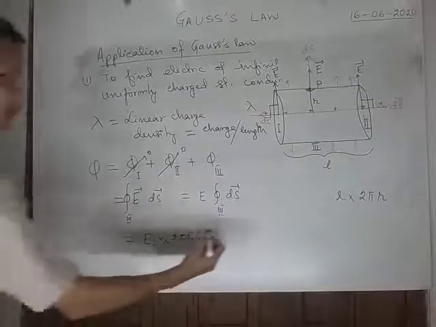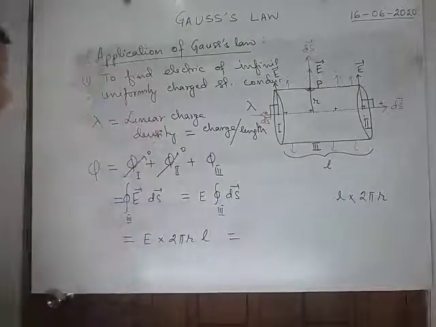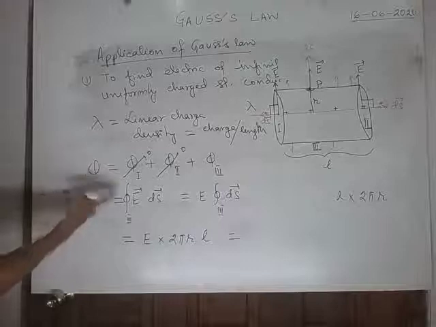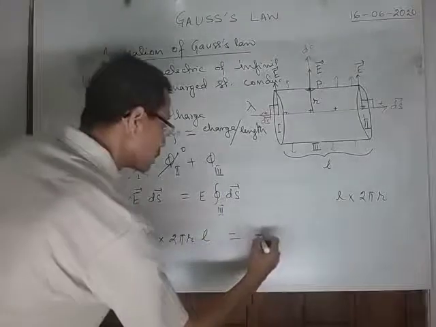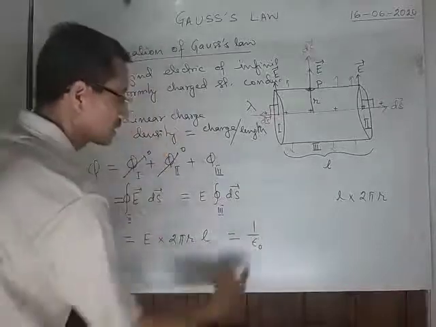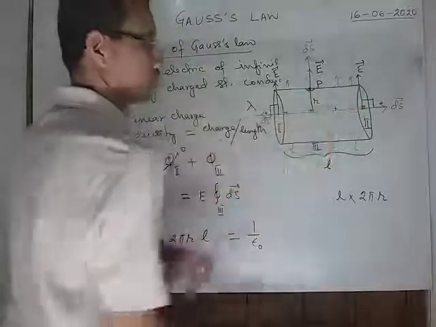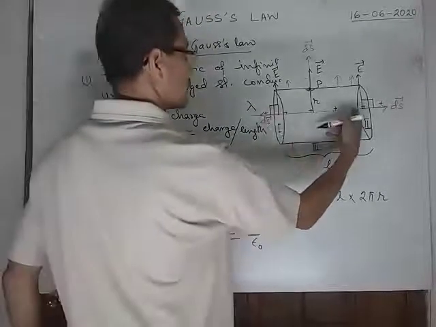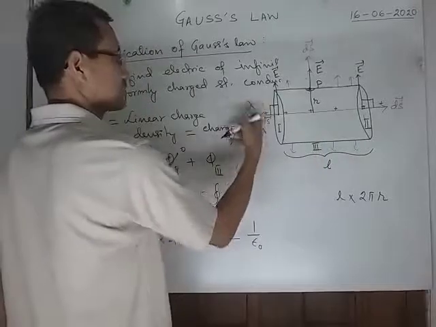And as per Gauss law, what happened? Your total electric flux, the surface integral over the whole surface, is equal to 1 by epsilon naught times the charge enclosed by this closed surface. The total charge enclosed by this closed surface we can certainly find out from the linear charge density.